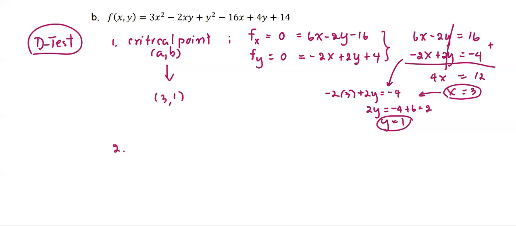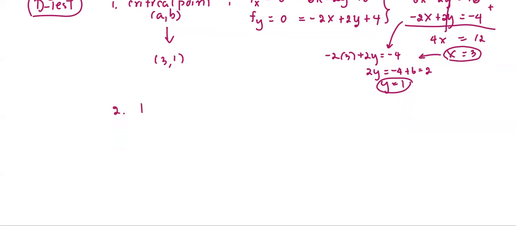So the next step, we are going to find the quantity D, which is the second partial derivative with respect to x multiplied by the second partial derivative with respect to y minus the second partial derivative with respect to x with respect to y, squared. Evaluate at (a, b). In this case, (a, b) is (3, 1).